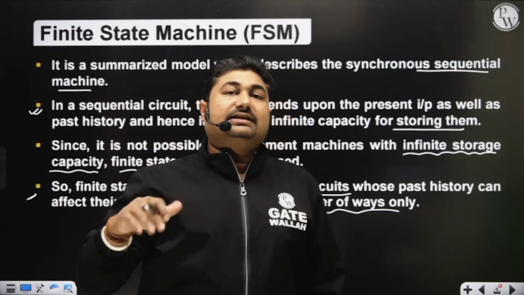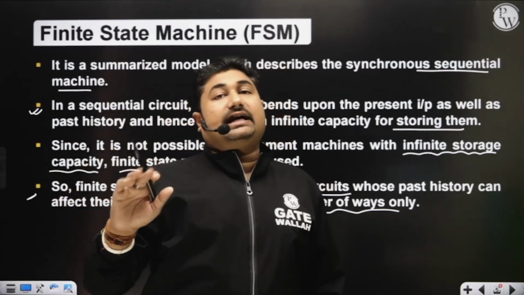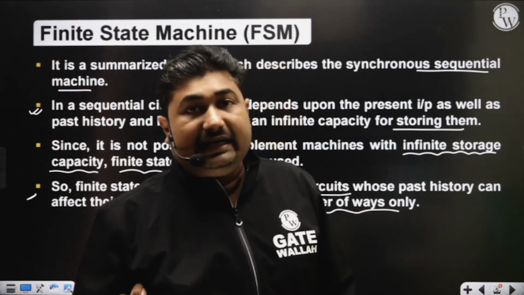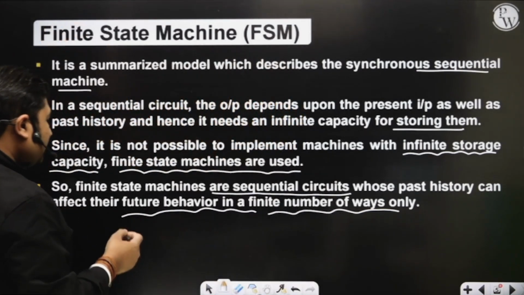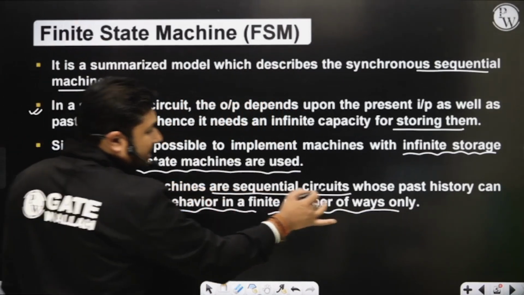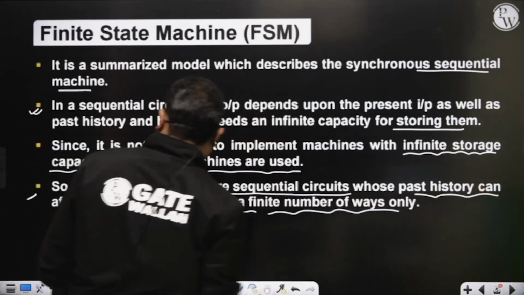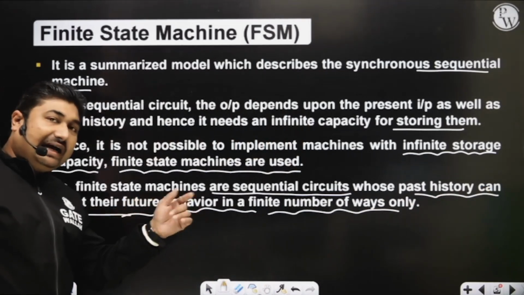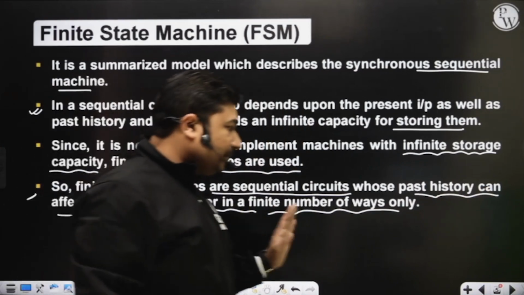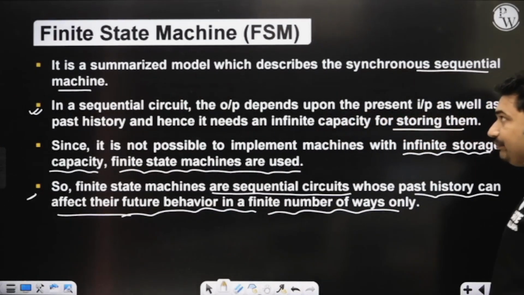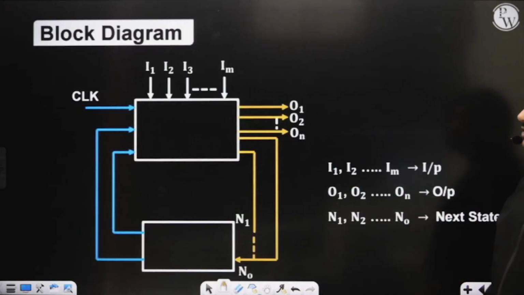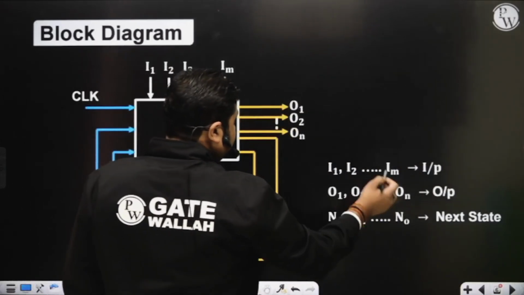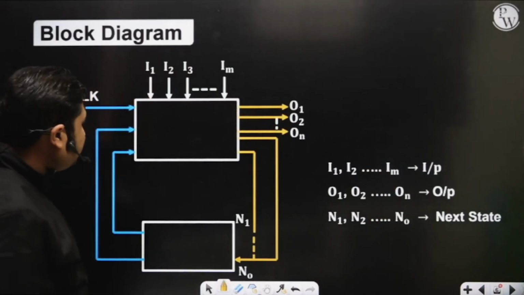If I design a circuit which is not going to return to its state again, then that type of circuit is said to be an infinite machine. So this is just the basics about the FSM, finite state machine.